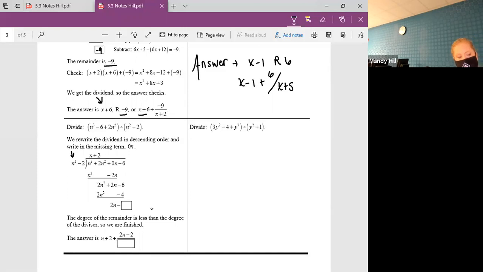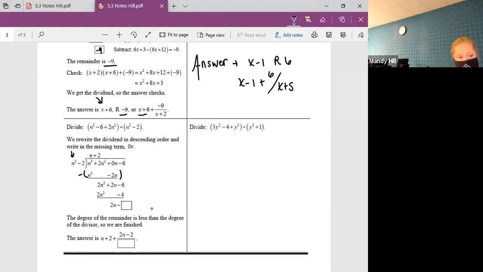But they also had to multiply this n by the negative 2. And n times negative 2 is negative 2n. So you wouldn't put the negative 2n underneath the 2n squared because they don't go together. They're not like terms. That's why they scooted over and put it under something that actually works. So then they subtracted and said, okay, n to the third minus n to the third, nothing.